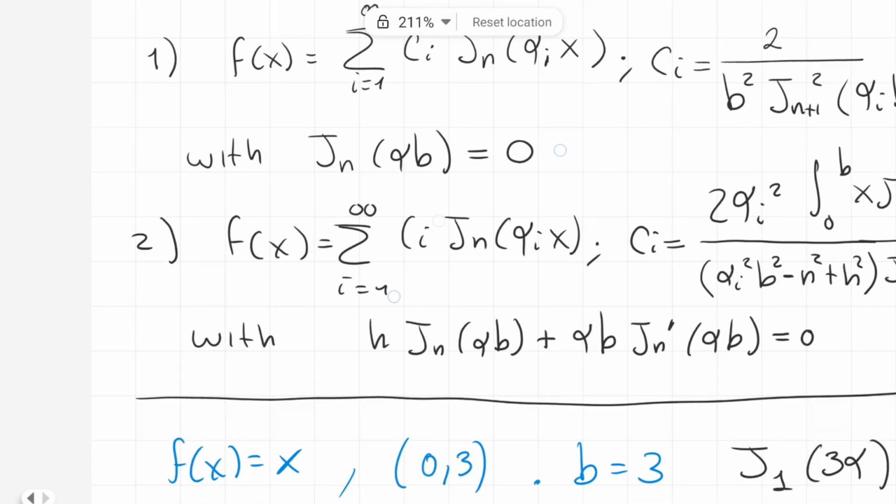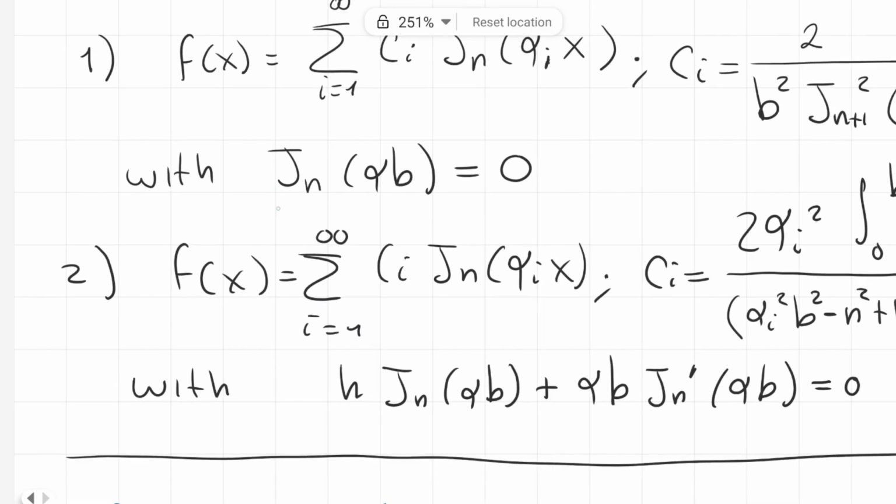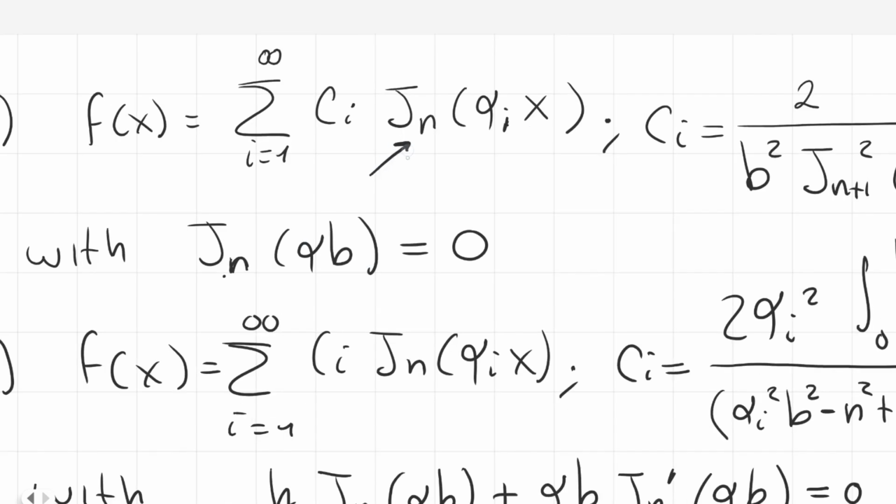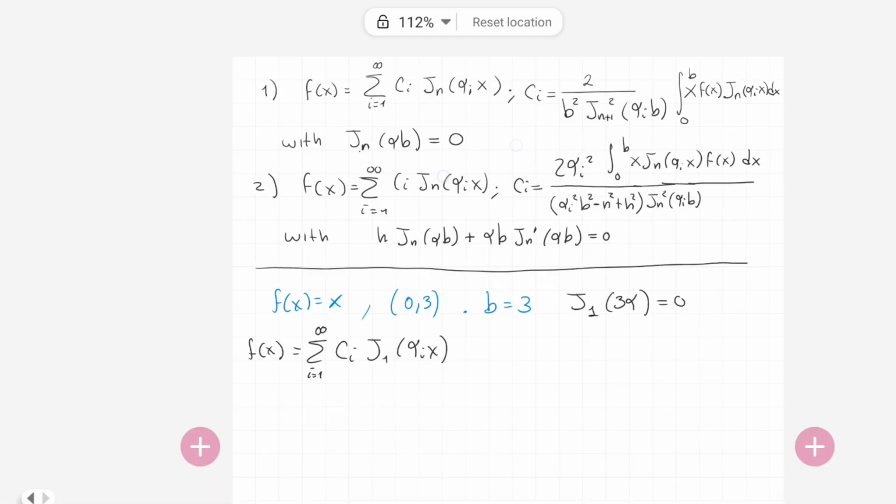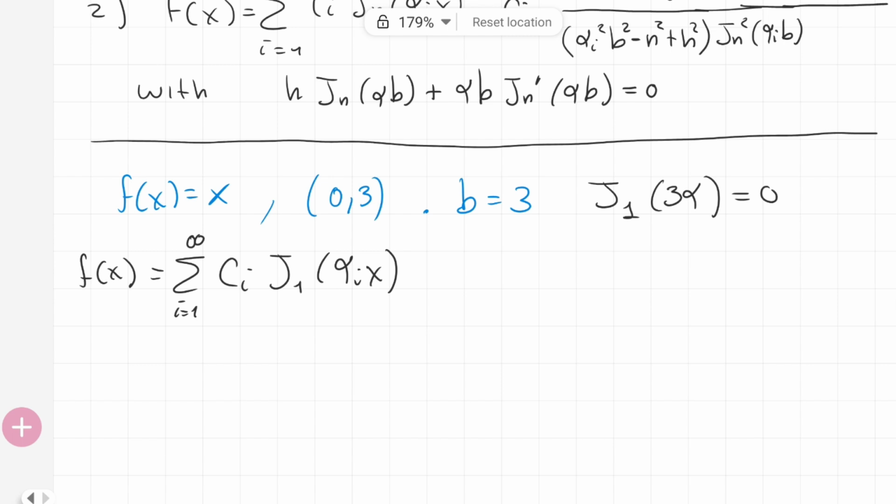I mean that n in general is defined to be the order of the Bessel function that defines these values alpha. So this n is telling us what is the order of the Bessel functions that are going to define the function f. Perfect. So in our case, it will be 1.